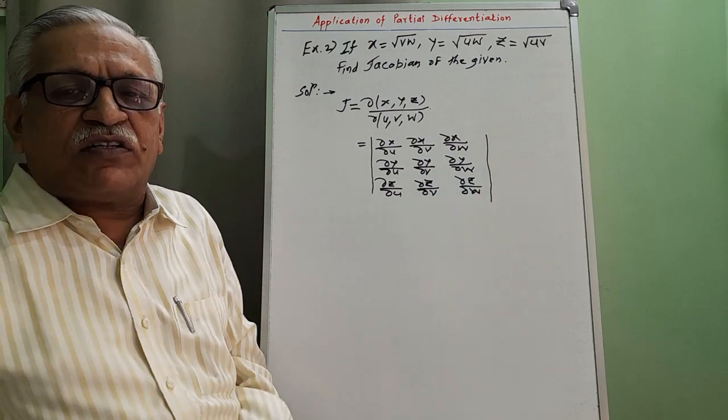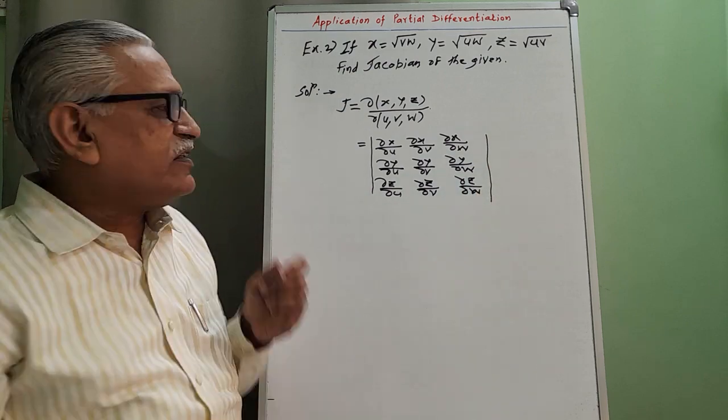And if you evaluate this third order determinant, whatever the value is, is the value of that Jacobian.